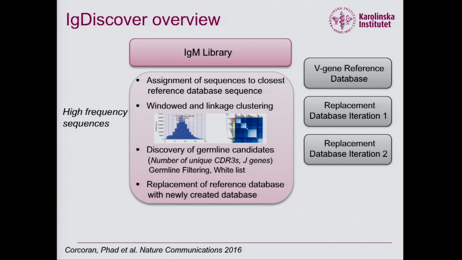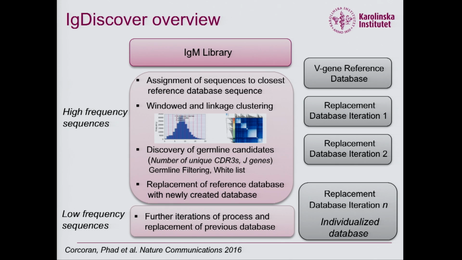So once we find these candidate sequences and they pass the germline filter, we go through several iterations to replace the original database. Once you find no more candidate sequences, you have basically identified all the germline sequences that are expressed at reasonable frequency. If they're expressed at lower frequencies, you have to go through more iterations, but it's exactly the same approach otherwise.